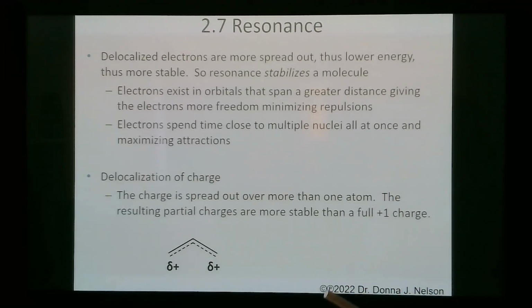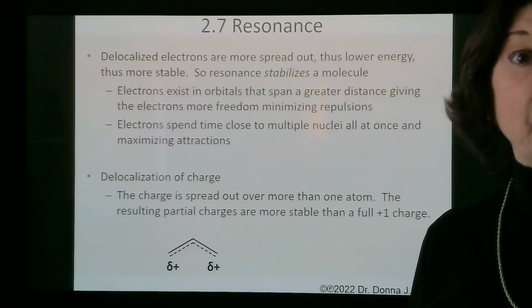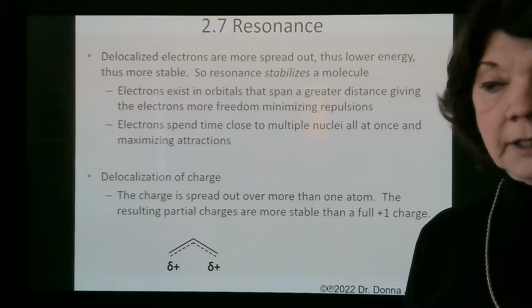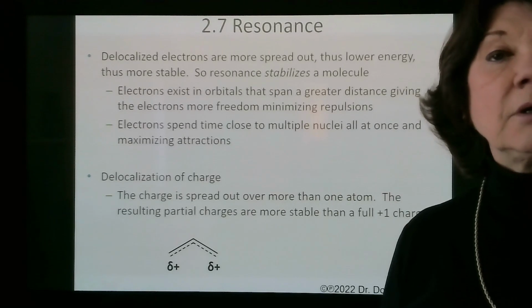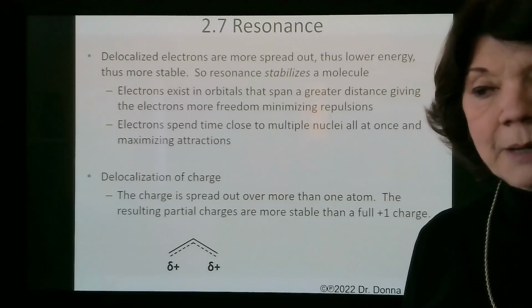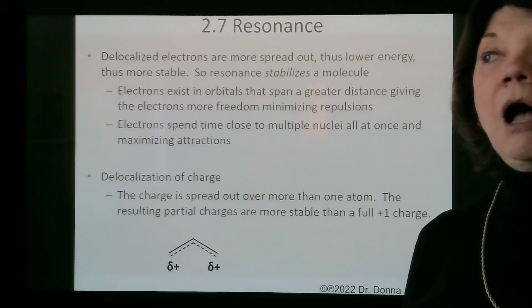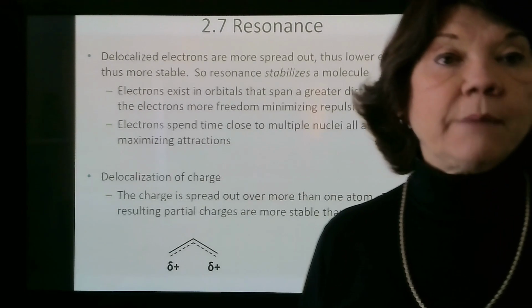Delocalized electrons are spread out, and any time anything is done to spread out a charge, whether it's a positive charge or a negative charge, that stabilizes the charge. Spreading out the charge density stabilizes the molecule, always, regardless of the method used.